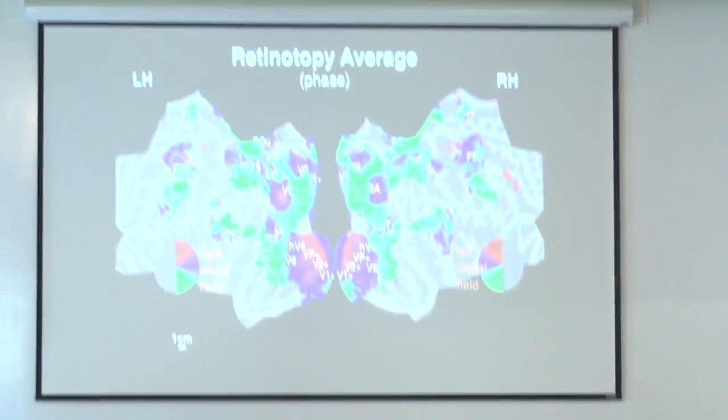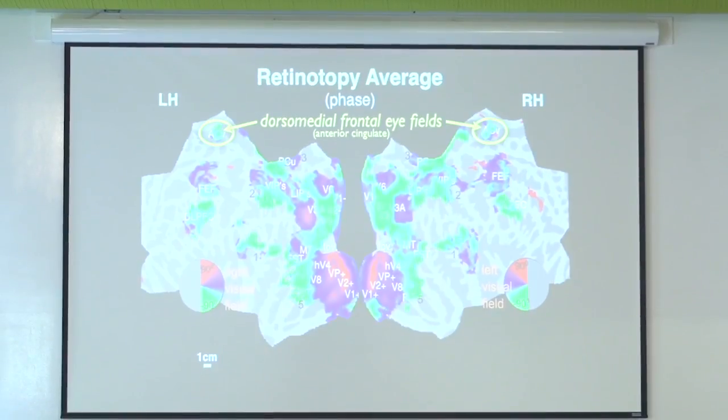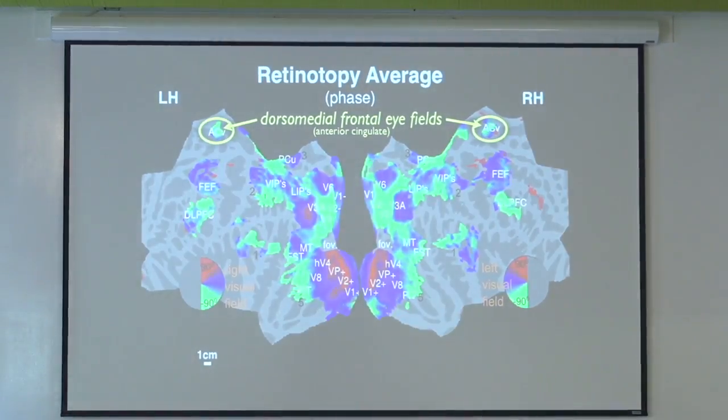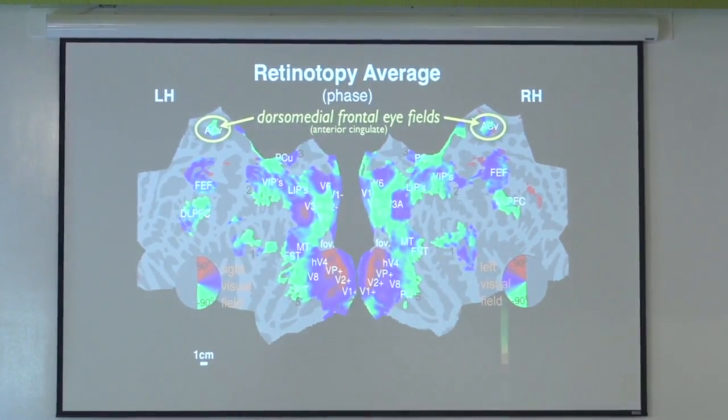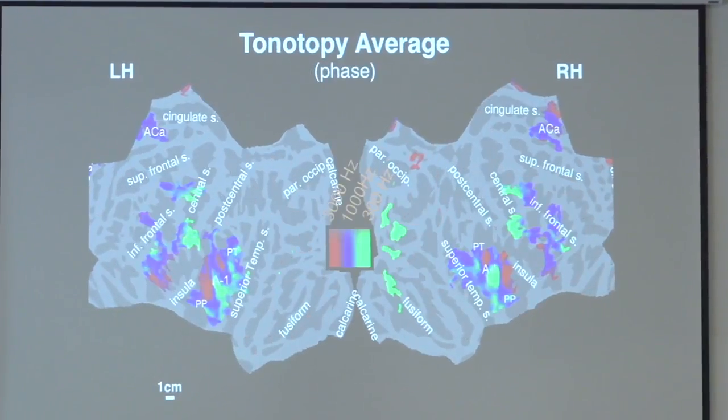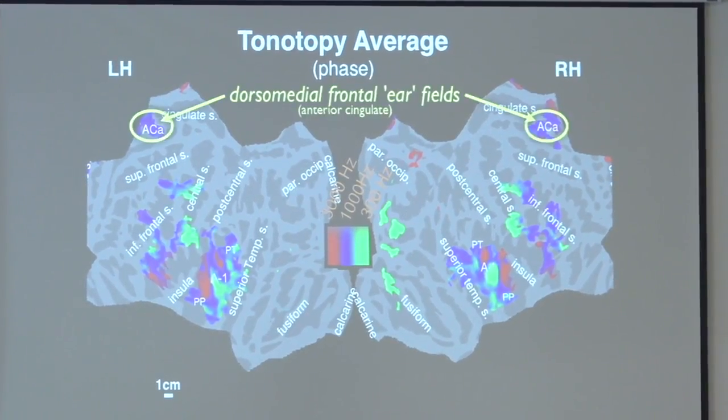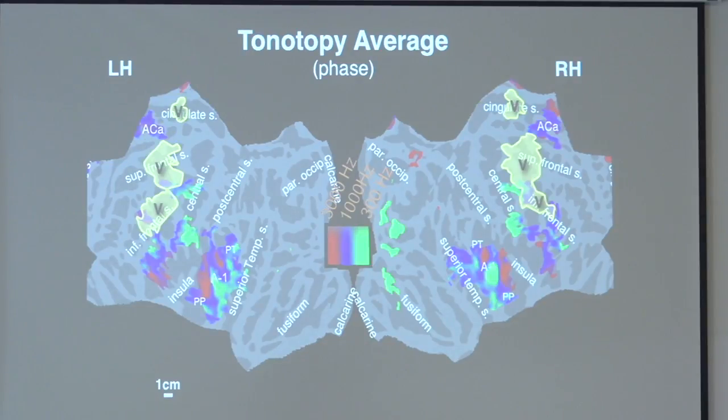So we've done this better with real multiband data. This is 20 subjects where we did the same thing to all of them. So, retinotopic maps, and you can start to see the dorsomedial frontal eye fields with better signal to noise. And there are the auditory maps. You can see the dorsomedial frontal ear fields, which are attached to supplementary motor cortex.